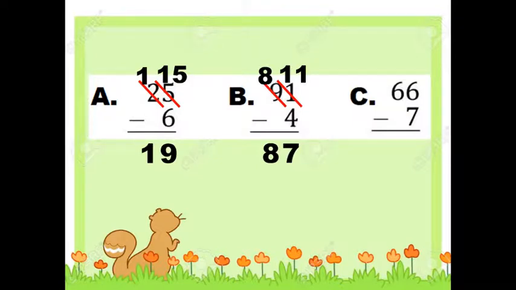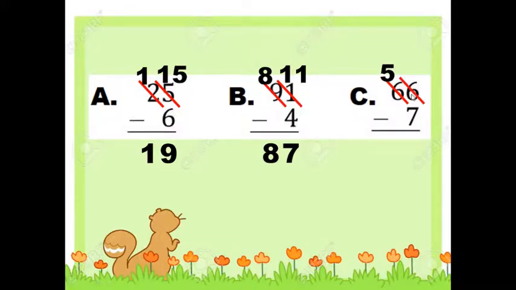And the last activity, 66 minus 7. So we all know that our ones cannot be subtracted because 6 is smaller than 7. We need to borrow from our nearest tens, 6. So 6 minus 1 would become 5.